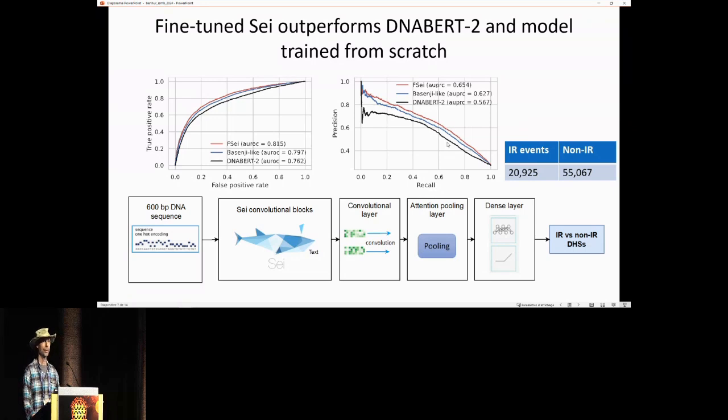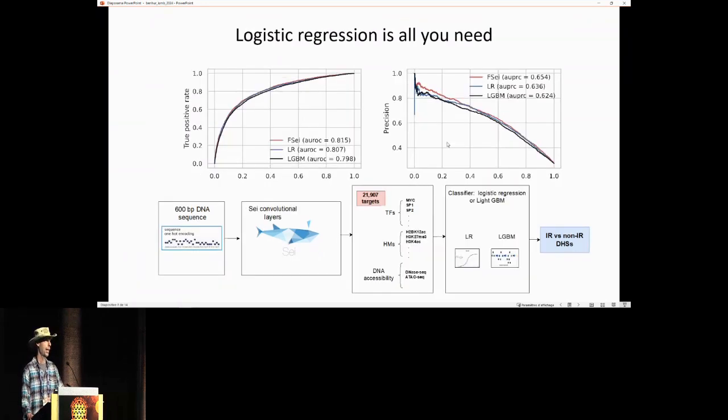The next thing we tried is something even simpler, and that is to just use logistic regression over the transcription factor targets produced by SAY. So we take our sequence, we map it to the list of transcription factor or DNA binding protein binding propensities for that hypersensitive site, and then feed that 9,000-some dimensional representation to a logistic regression model.